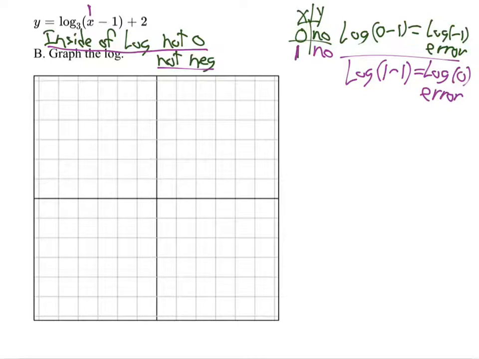In fact, you might remember that the number in the parenthesis next to x, the opposite, is the vertical asymptote. The opposite is the vertical asymptote. So that means x equals positive 1, right there, at positive 1.